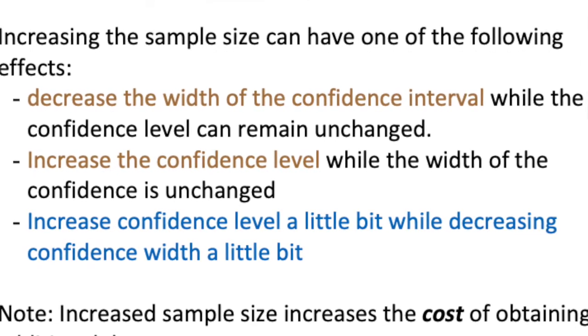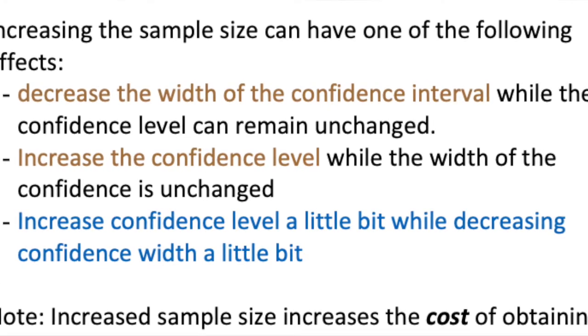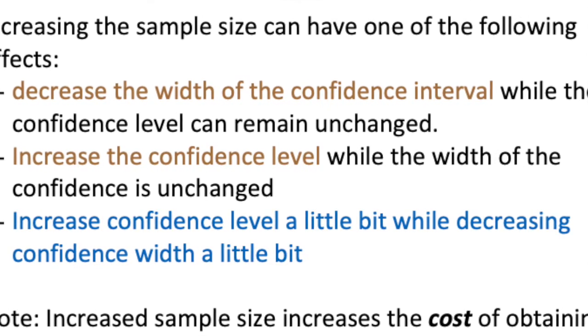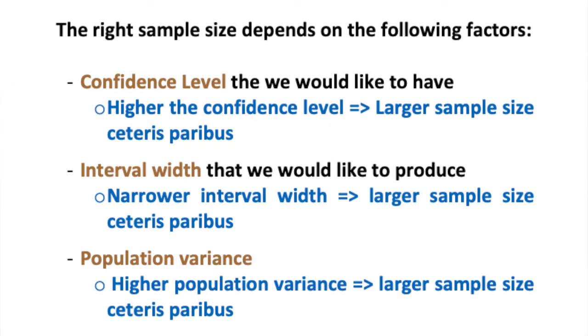And if you know the width of the interval, you can just build the interval accordingly around that sample mean. Then you can calculate back how many z-scores away it is, look in the table, and then you know your confidence level. But that's a case that doesn't really happen in reality. That second case we are not discussing in the chapter. But the third one might very well happen in reality.